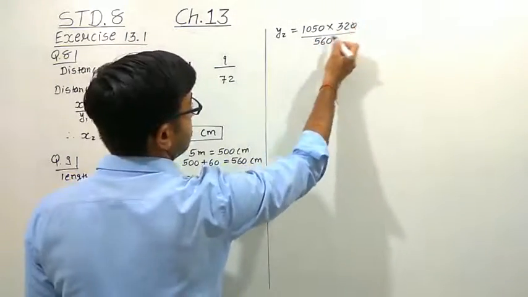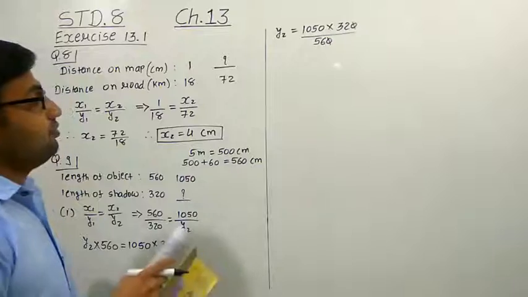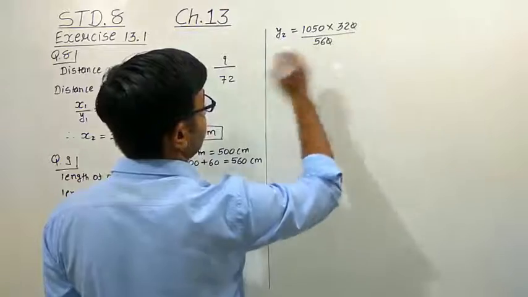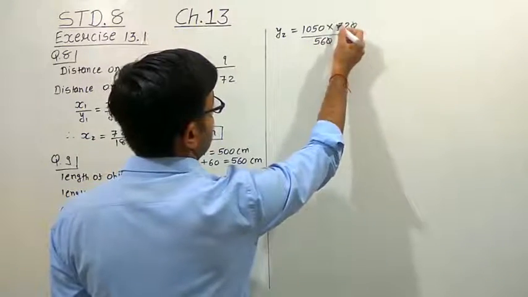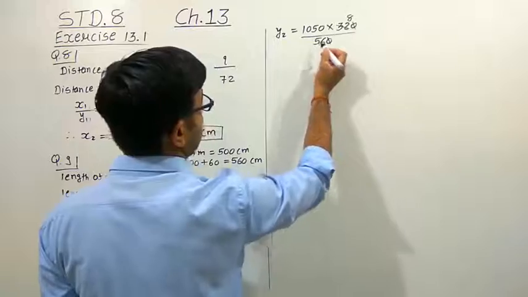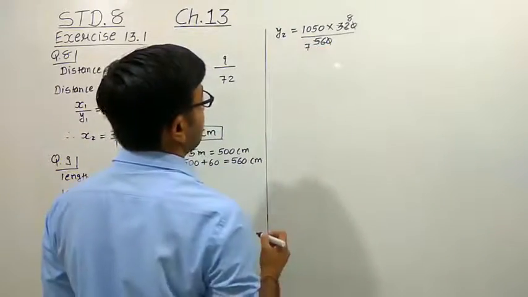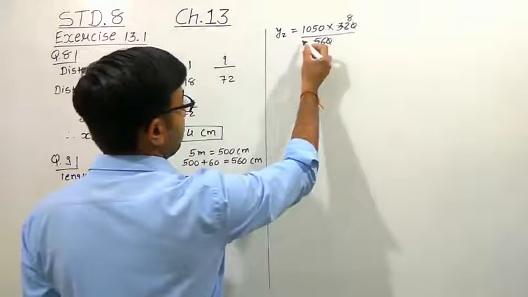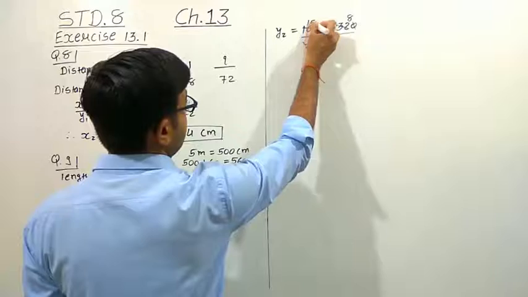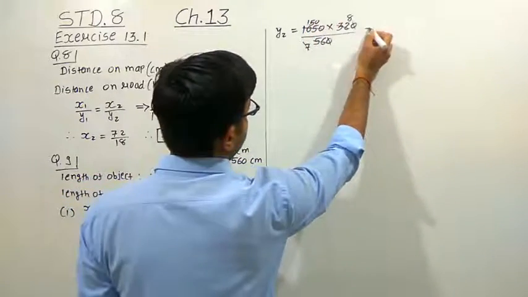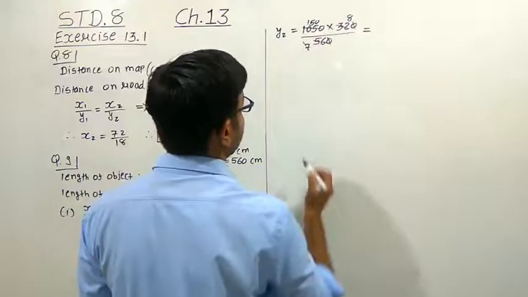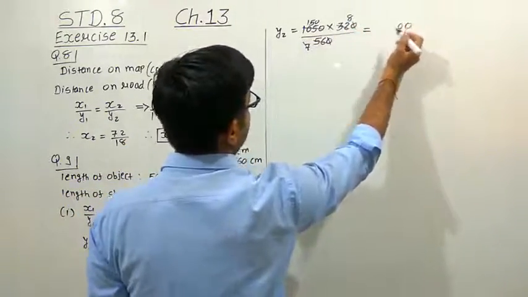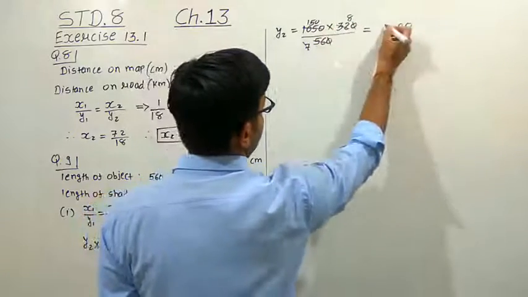So here we can cut this 0 and 0. Now we can cut the 8 with 4, like 8 4s are 32 and 8 7s are 56. Right? Now we can cut this 105 with the 7. 15 7s are 105. So here we get 150. Now the remaining thing is 150 into 8. So 8 0s are 0, 8 5s are 40, 4 is the carry, 8 1s are 8, 9, 10, 11, 12.